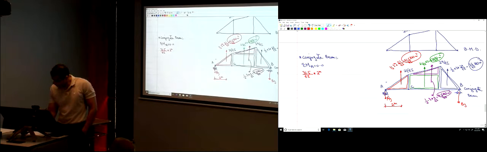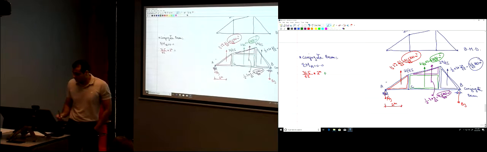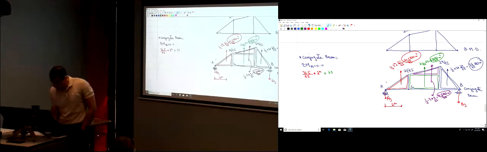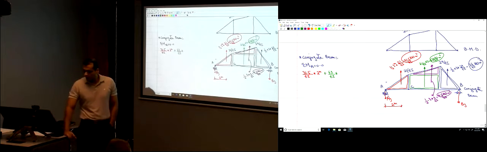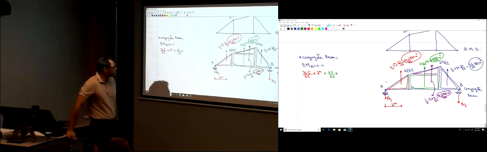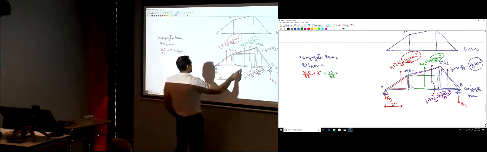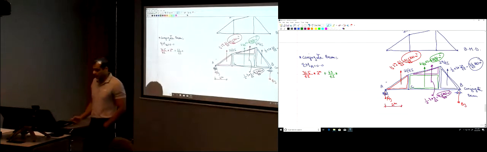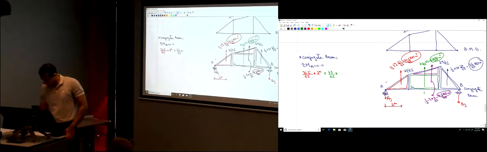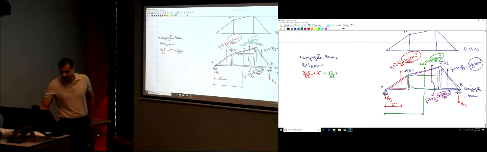Plus, for that green force, the magnitude is 63 divided by EI multiplied by its distance to point A. How much is the distance from this green force to point A? 4.5.